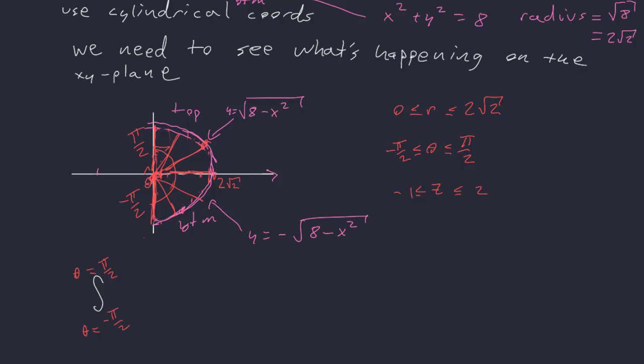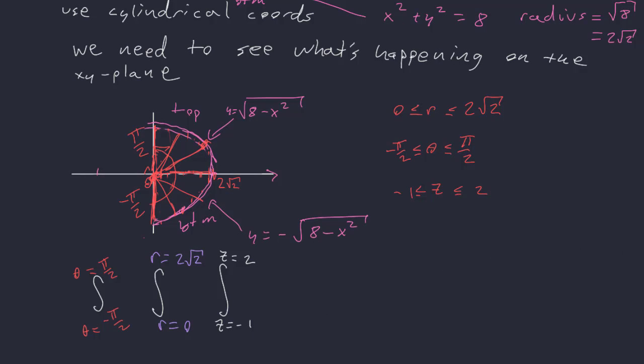Okay, pretty much always. All right, then our r will go from 0 to 2 root 2. Okay, our z remains unchanged. Z goes from negative 1 to 2.